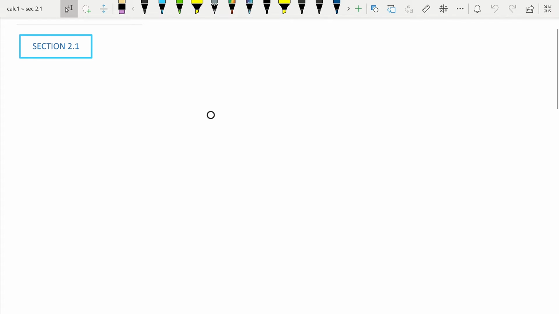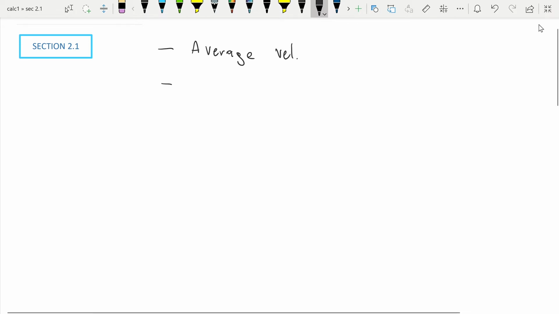So in this particular video, we'll try to cover the concepts of average velocity, which will lead to the concept of instantaneous velocity. Then we'll proceed to study a geometric version of this.